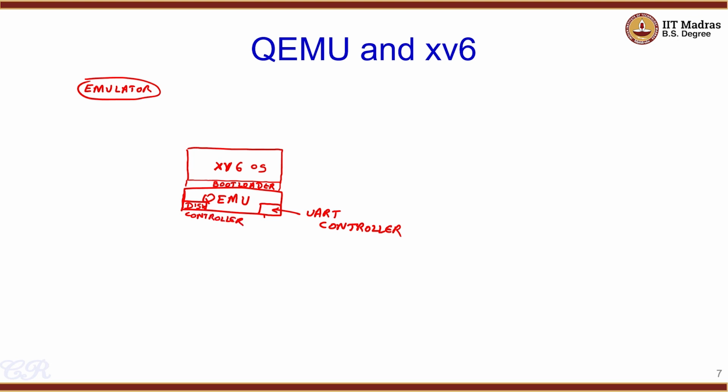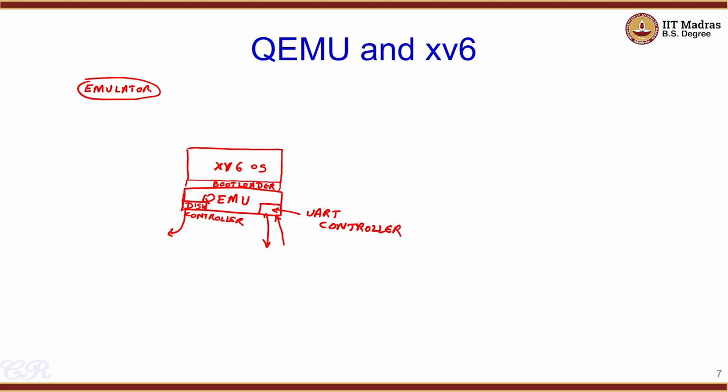The hard disk controller emulates a hard disk, and all the files that you store from your xv6 operating system are stored or managed by this disk controller. The UART controller, on the other hand, can be used to transmit as well as receive information. This information is read into the xv6 operating system, and then it is transmitted to the application or received from the application.